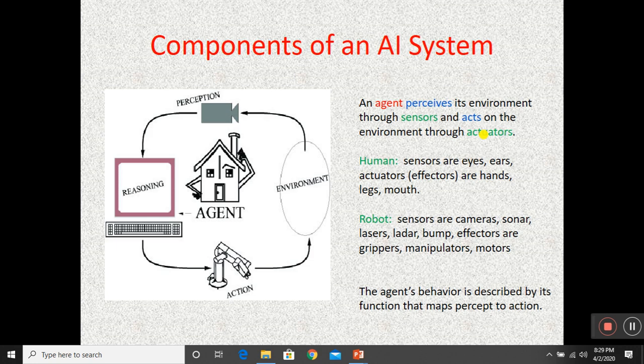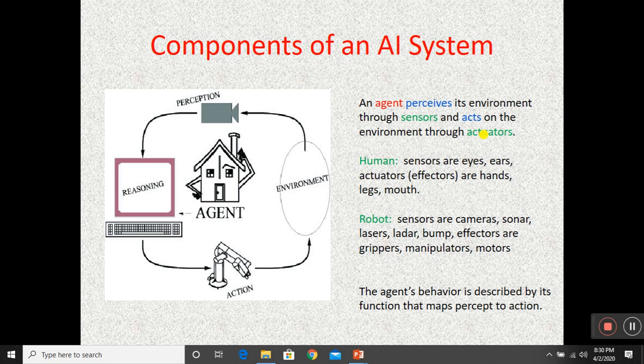In artificial intelligence, there is a smoke sensor in some room, and that smoke sensor senses any kind of smoke in the room. So the sensor is sensing this environment, and then that sensor will have an actuator.